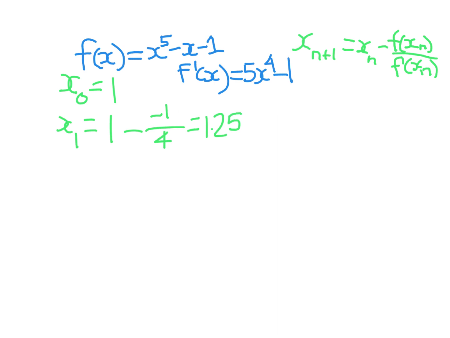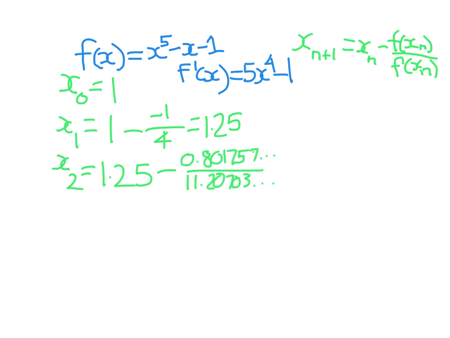Now let's go to x2, my next guess. I'd take the previous guess and I need to subtract the value of the function evaluated at 1.25, and on the bottom is the derivative evaluated at 1.25.